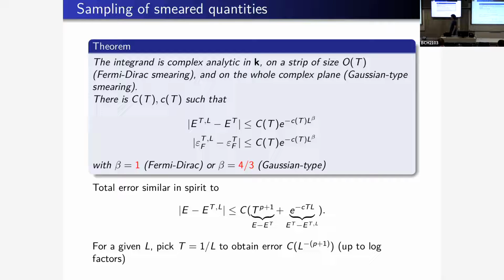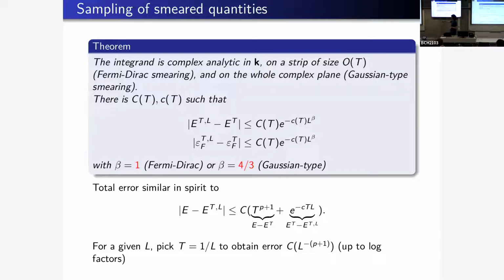Technically, if you really take 1 over L, I'm not sure you get convergence of the sampling error, just because as you refine the mesh, the function gets harder to integrate. As we refine the temperature, the function gets harder to integrate, and if you take t equal to 1 over L, maybe that doesn't compensate.